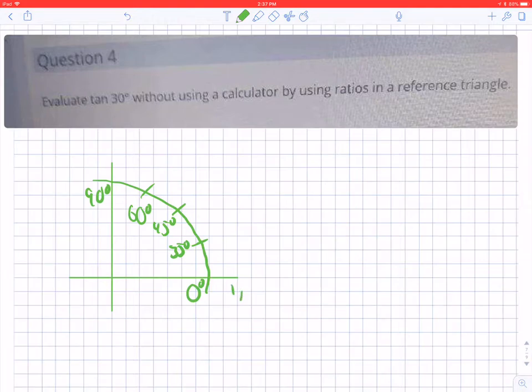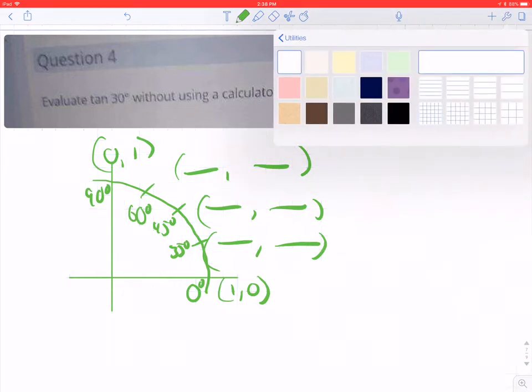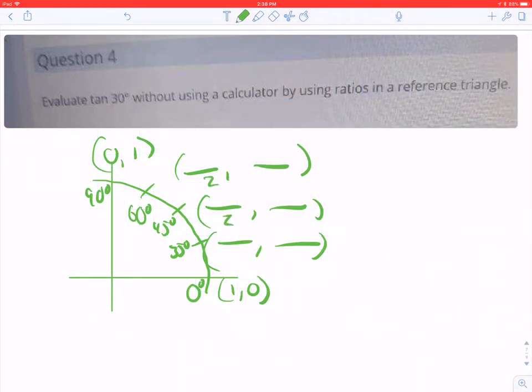The coordinates here are 1, 0. The coordinates here are 0, 1. And then I do 3 blank ordered pairs for these other ones. Now all the denominators are 2, right? And then if you can count 1, 2, 3, 1, 2, 3, you've got this filled in.